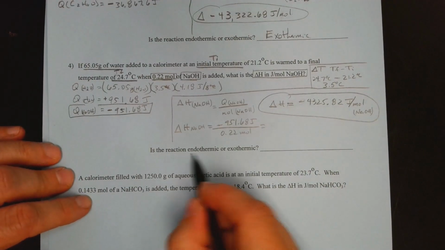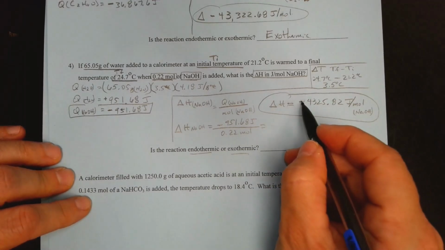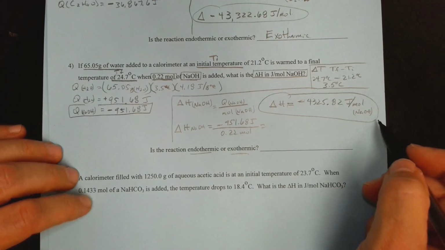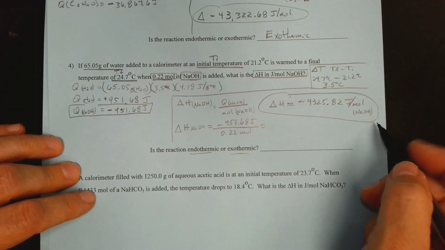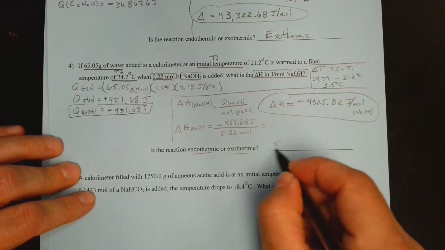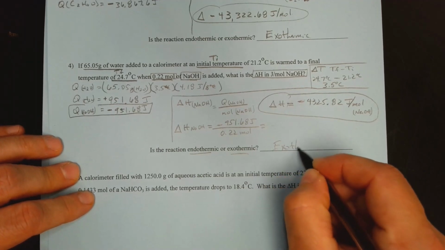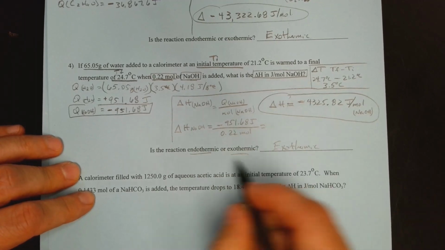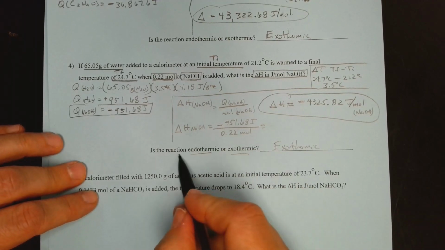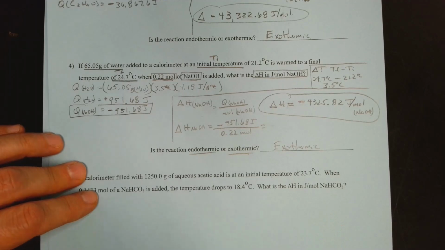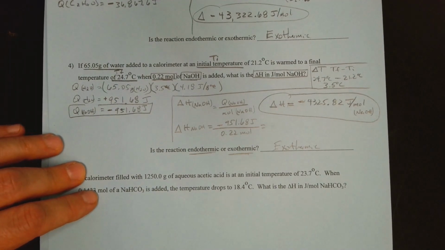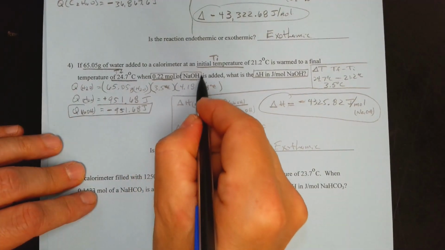So is this reaction endothermic or exothermic? Well, anytime I'm dealing with a negative delta H or a negative enthalpy, it means my reaction is going to be exothermic. And specifically, when I'm asking what's endothermic or exothermic, it's what's happening in this substance right here.